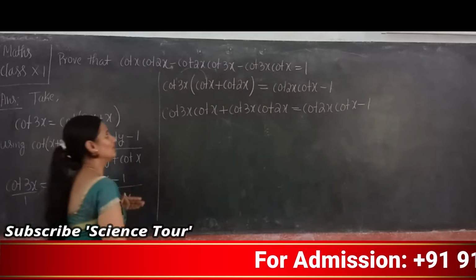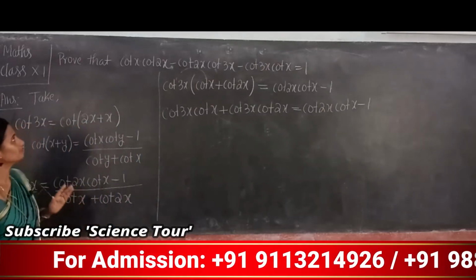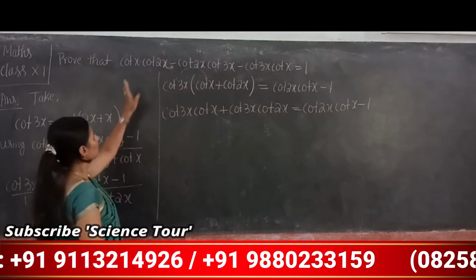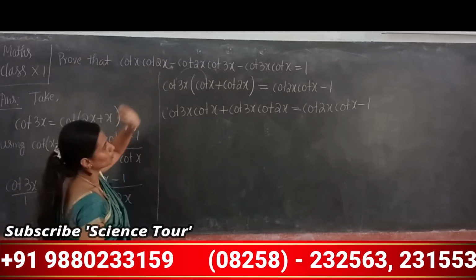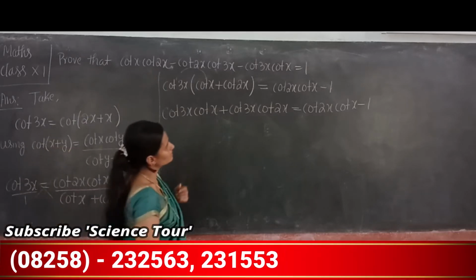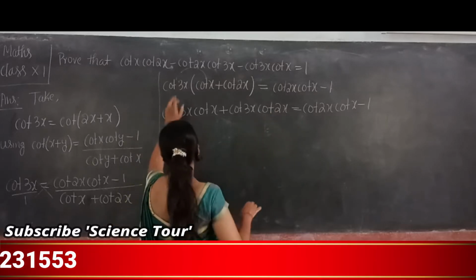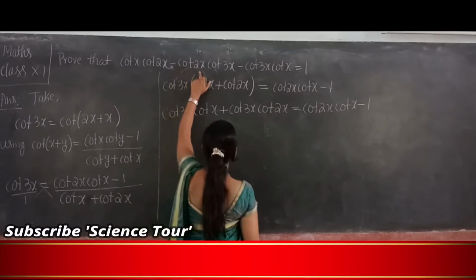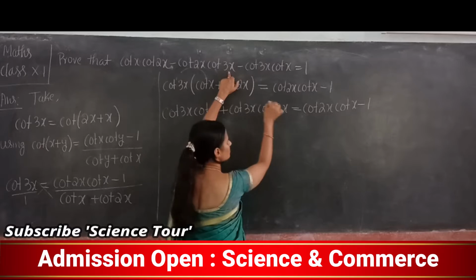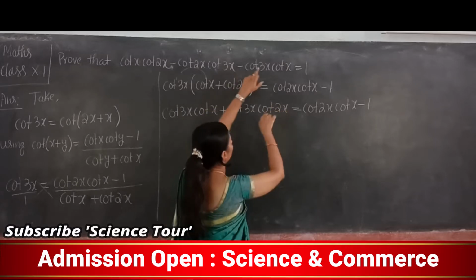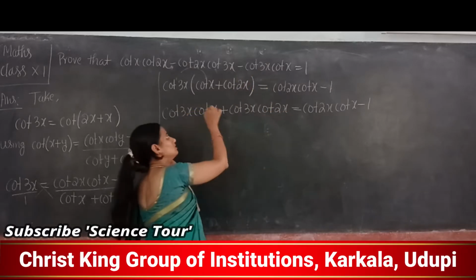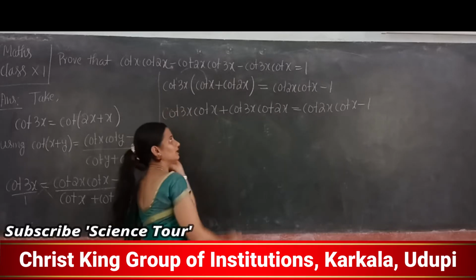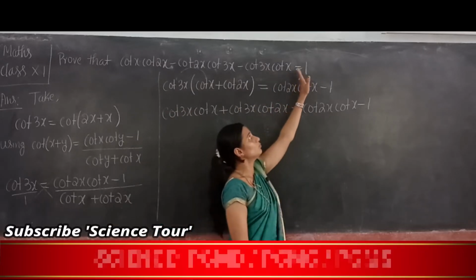Now just rearrange according to your answer. What do we need? Cot x cot 2x, minus cot 2x cot 3x, minus cot 3x cot x, equal to 1.